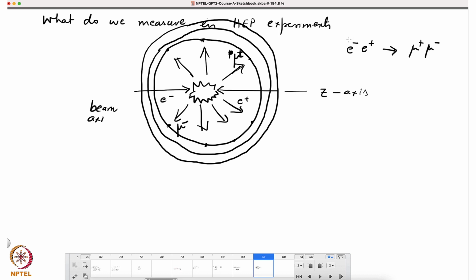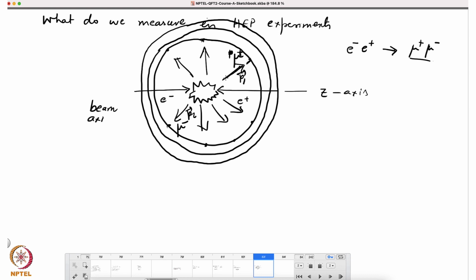So, you might ask the following question: if I were to collide, let us say, 1 million times electrons and positrons, okay, how many times am I going to get a mu plus mu minus pair, where the mu plus has a momentum, let us say, p1, and the mu minus has momentum p2?